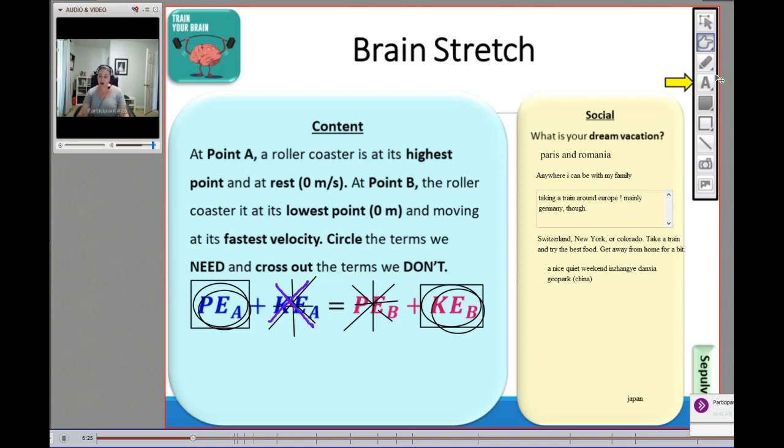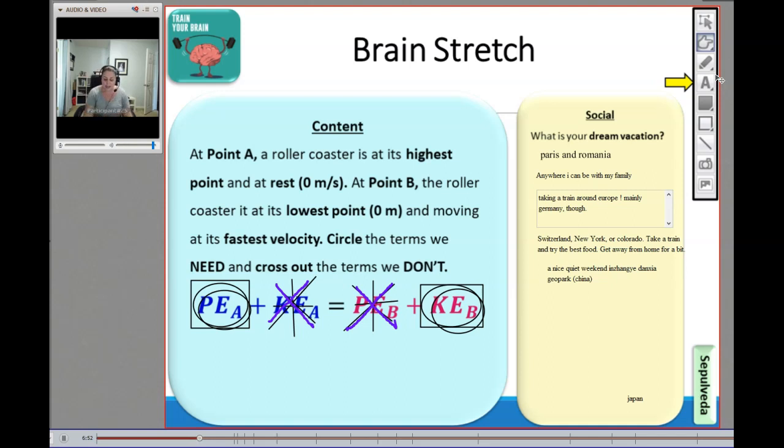So if I have no potential energy at point B, so I have just potential energy for point A equaling kinetic energy for point B. So I can have my equation, let me pop this up here. I have potential energy, and I'm just going to put a lowercase a, even though I need it to be a subscript.